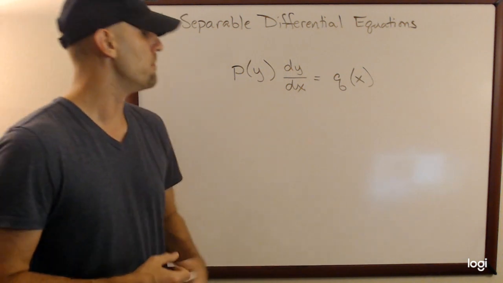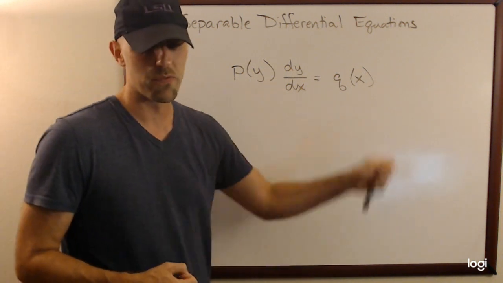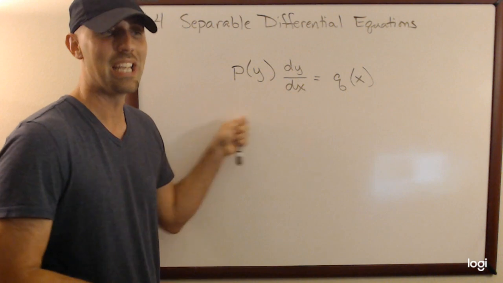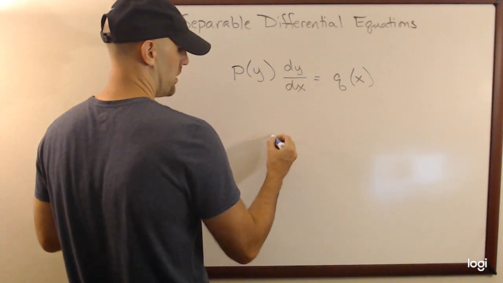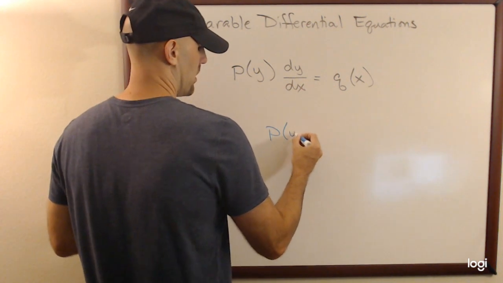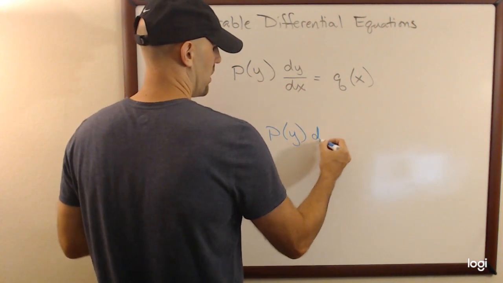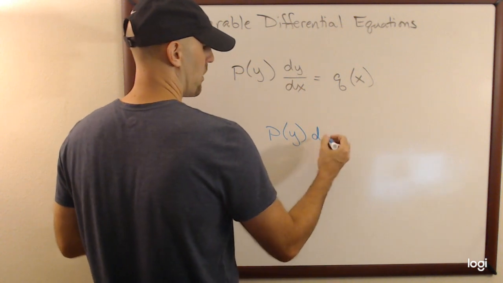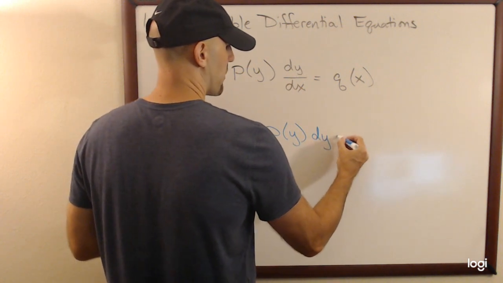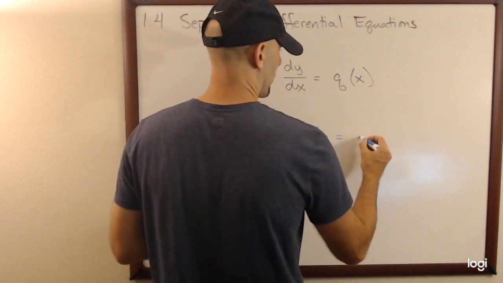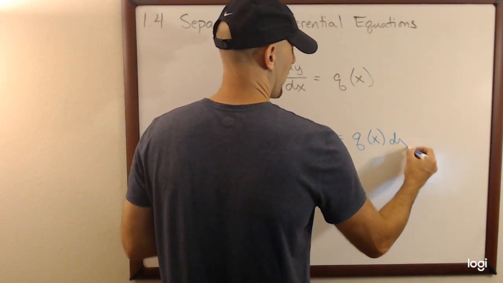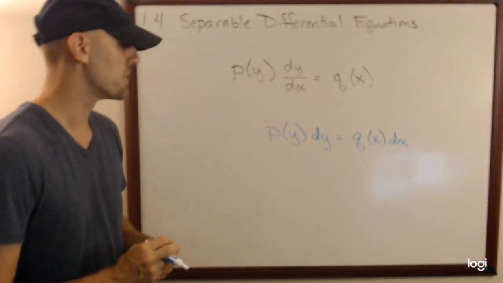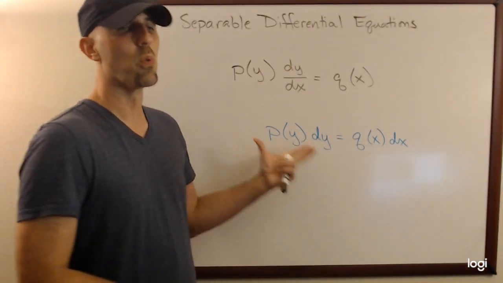Now, we don't actually want this form. The key, however, is that if you can get it into this form, then this is equivalent to this one. So some function of y times the differential of y, and that's equal to some other function of x times the differential of x. Okay, and this is what we really want, right?